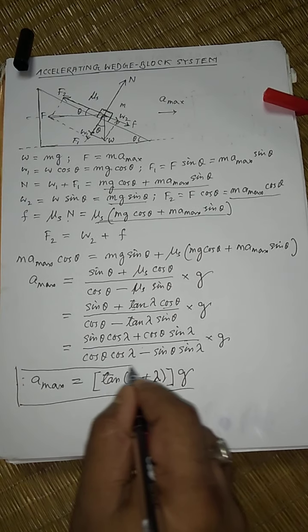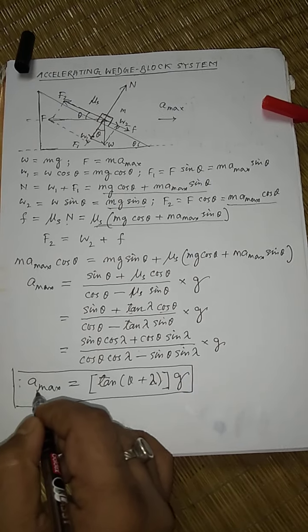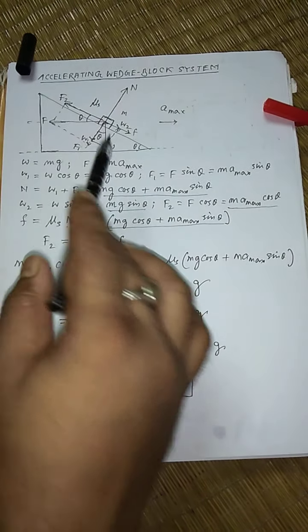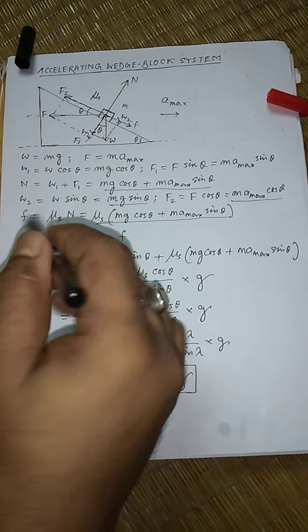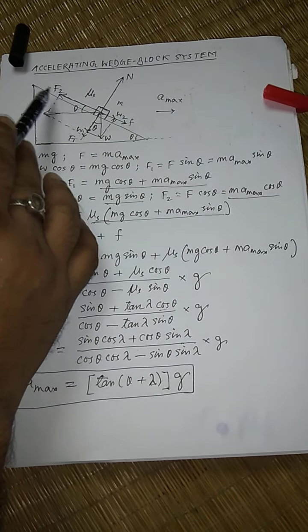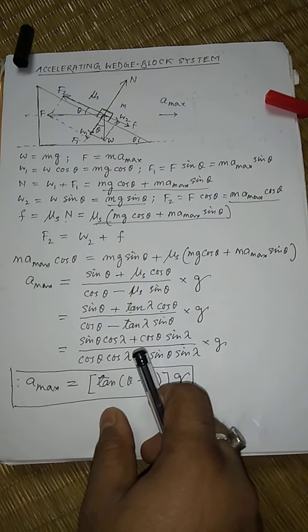And this is the expression for the maximum horizontal acceleration of the wedge, for which the block can just be prevented from sliding up the inclined surface of the wedge.